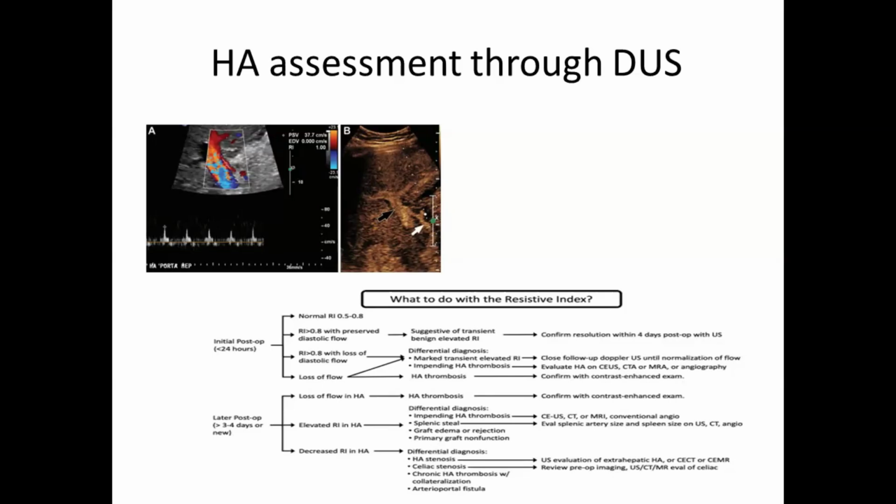Much later, days 3 to 4, it's far easier, because by this time, with your hepatic artery Doppler tracing, you would have a fair idea of what the values were on day 1 and day 2. And therefore, you would know that if now there is a cessation of flow or there is an elevation of resistive index, then something is happening to this patient.